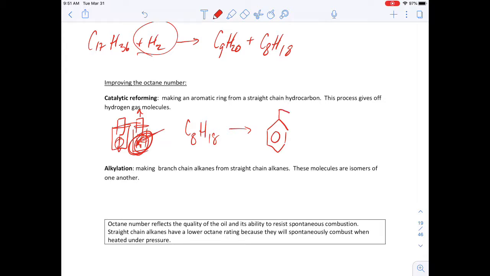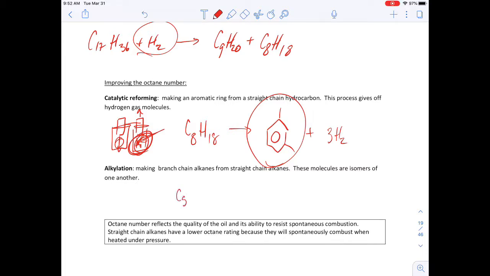So ethyl benzene could be produced, or perhaps you'd get dimethyl benzene, and you'd get 3 hydrogen gases. And this molecule is going to resist exploding under higher pressure, like in a high performance car like a Porsche or something like that. So in a Porsche, you have to put in higher rated gasoline. My car, which is not a Porsche, does not require that. So I put in the cheaper gas because it's cheaper and it works fine in my car.